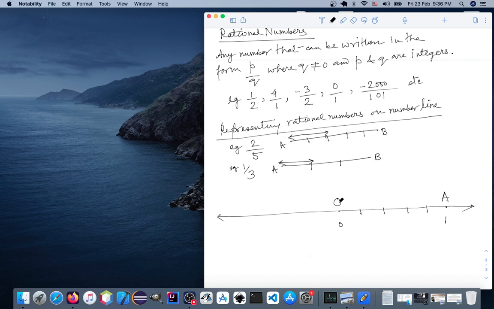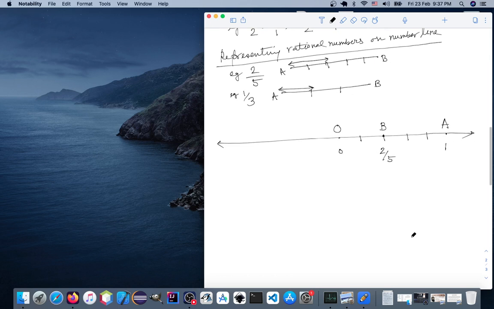Now, from 0, we take two such equal parts. So, 1 and 2. So, this is 2 by 5. This is B. The point B now represents the rational number 2 by 5.